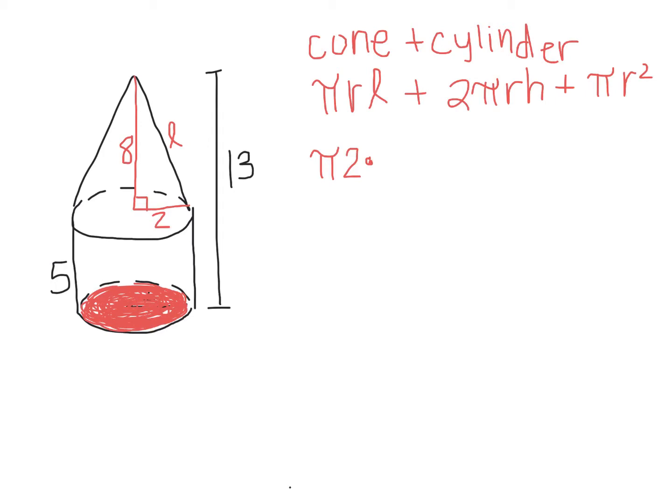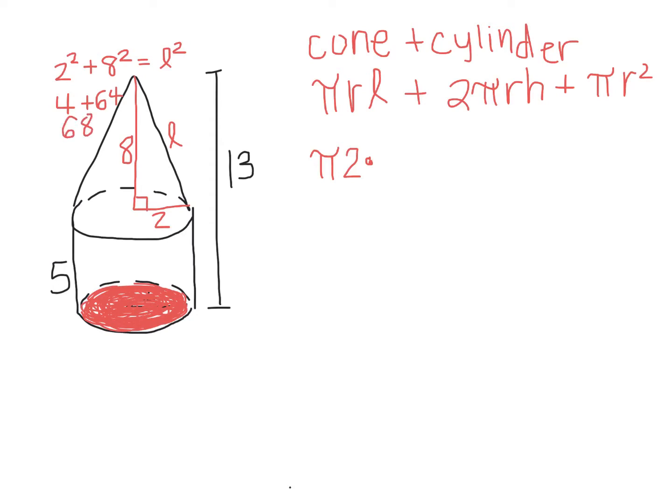If I follow the Pythagorean theorem, a squared plus b squared is equal to c squared, and in this case, c squared is my slant height squared. When I add 4 plus 64, I get 68.